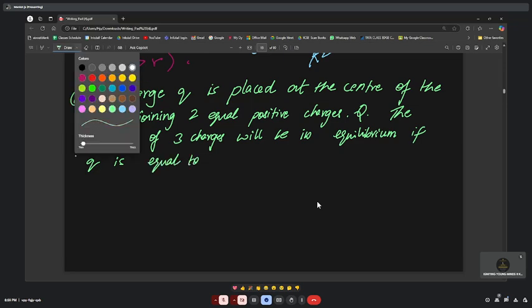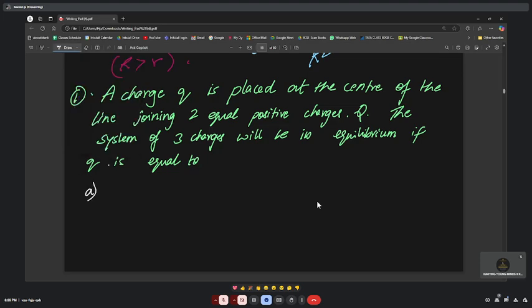The options are: option A, minus Q upon 2; option B, minus Q upon 4; option C, plus Q upon 4; and option D, plus Q upon 2.